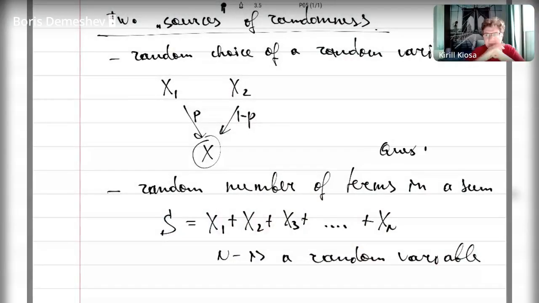And you study some properties of this S, like the expected value of S, variance of S, some probabilities related to S. Here the question is about some properties of S. Not necessarily expected value, but expected value is the simplest property of a random variable.